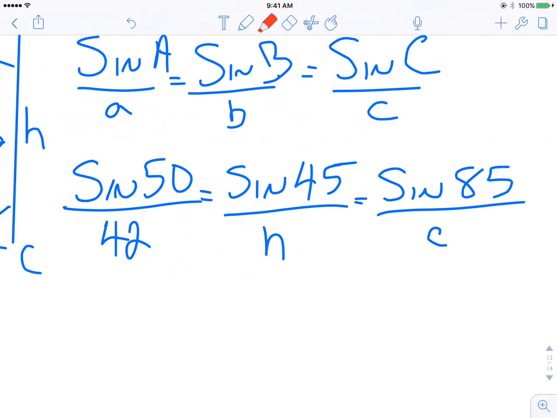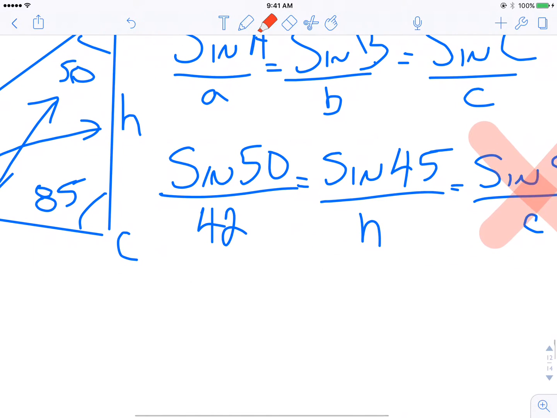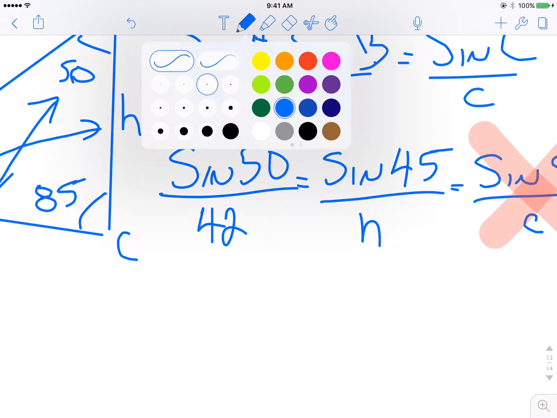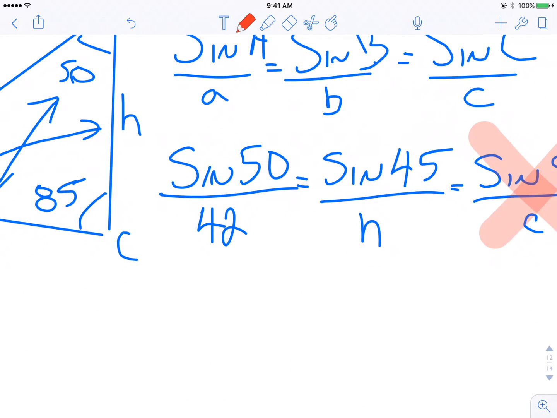Well, we don't want this one. Not going to use it. Left with this: sine 50 over 42 is equal to sine 45 over H.